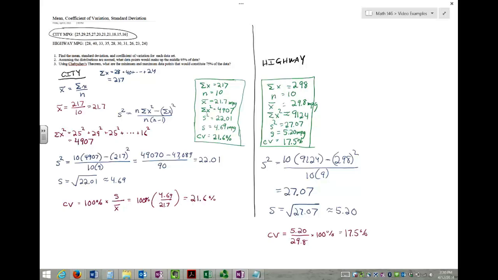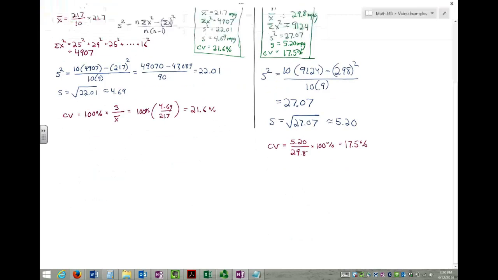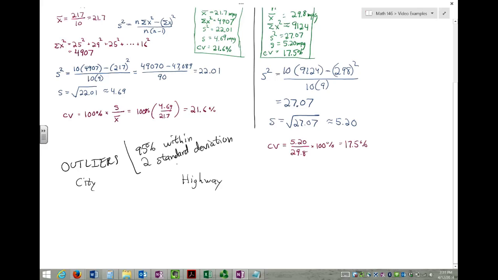Okay, so the next question is, assuming the distributions are normal, what data points would make up the middle 95%? Okay, so we're talking about outliers. Generally, the middle 95%, remember, assuming this is a normal distribution, is part of the empirical rule: 95% of the data is within 2 standard deviations.